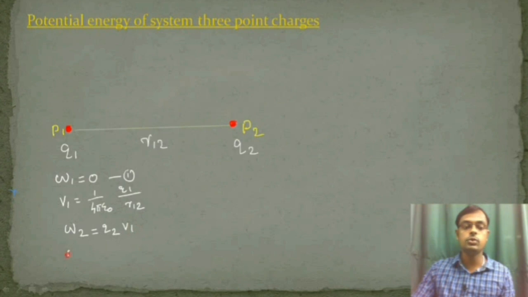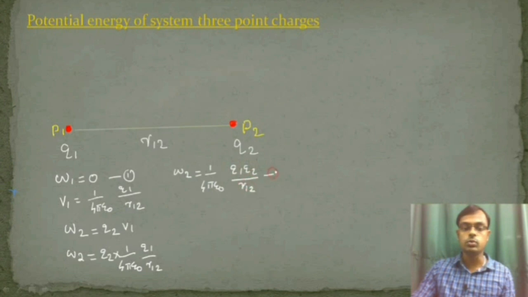So W2 is equal to Q2 into V1, which is 1 by 4 pi epsilon 0 Q1 divided by R12. So W2 is equal to 1 by 4 pi epsilon 0 Q1 Q2 divided by R12. Equation number 2. This is the one we have already learned just now.